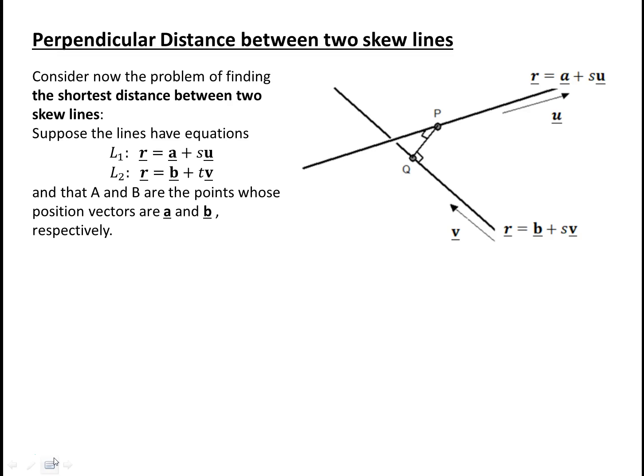And that A and B are the points whose position vectors are little a and little b respectively. Now, we're going to suppose furthermore that the vector n is perpendicular to both u and v. So the vector n is perpendicular to both the direction vectors.